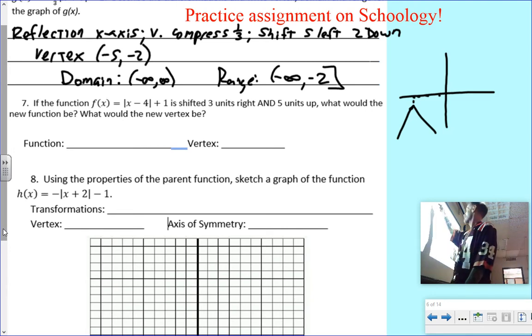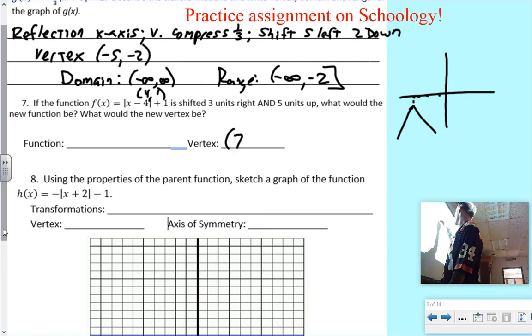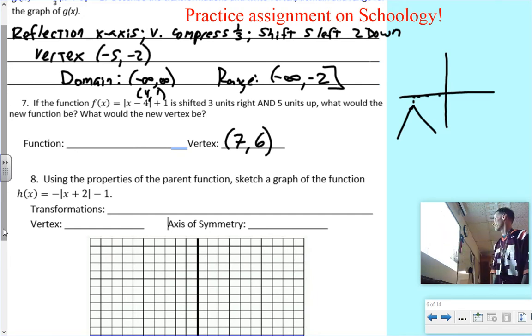Well, notice the vertex on the original function here is 4, 1. So if I go 3 right and 5 up, then I'm going to be at 7, 6. So total from the parent function, I move 7 right and 6 up.